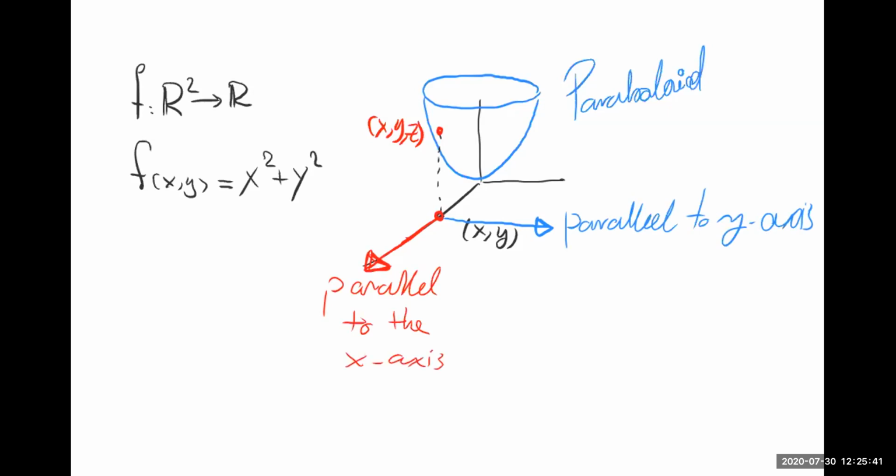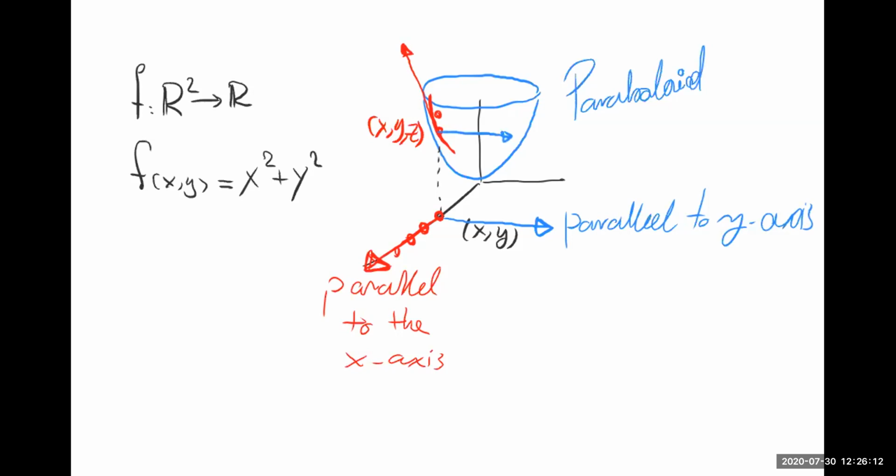Now, if I walk parallel to the x axis, I can see what would be the tangent line on the graph of the function. If I walk along this axis, different points would have different values. And then I can look at the tangent line on this surface in the x direction. I can look at the tangent line on this surface in the y direction too. It might be like this.